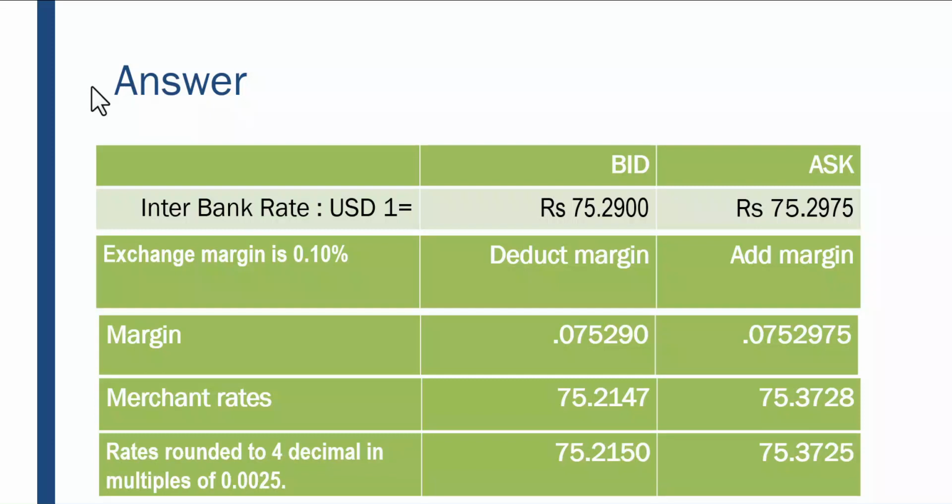So 75.247 becomes 75.2150, and the ask rate will be 75.3725. Is that okay? So what will the bank do? They will check the rates, add or deduct the margin, calculate the merchant rate, and then round it to the decimal place.